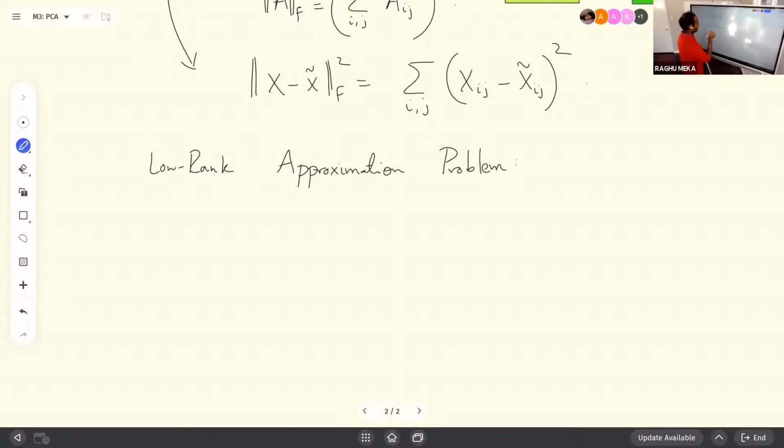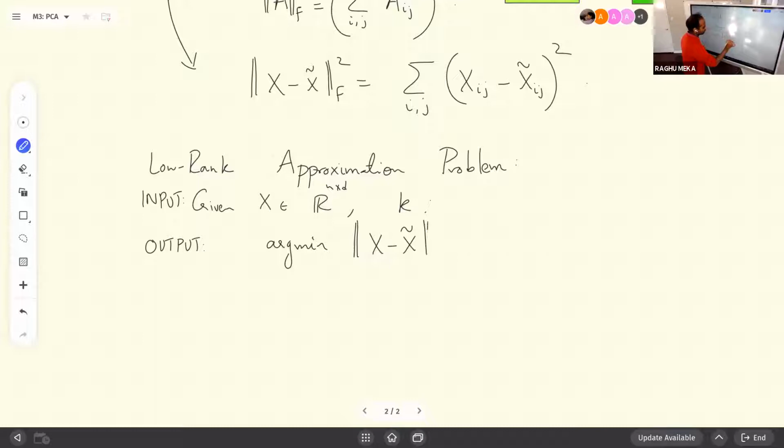So what is it? Given x, which is some n by d matrix, and k, which is our desired rank, this is our input. The output is something that minimizes the squared error, or the Frobenius norm squared error, subject to rank of x tilde being at most k.